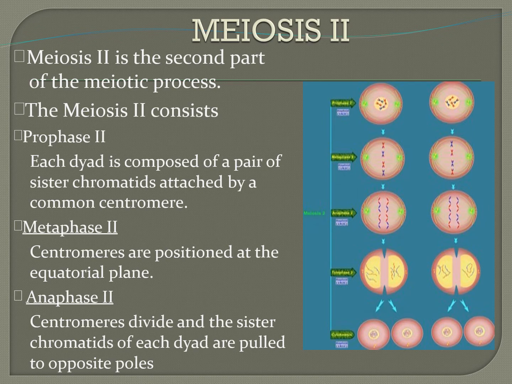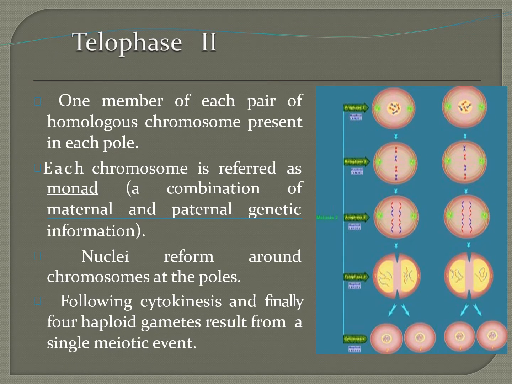In anaphase second, each centromere divides into two, thus every chromatid is provided with its separate centromere. Then the non-sister chromatids move apart towards opposite poles. The movement is checked by the spindle fibers as usual. After completion of anaphase second, the cell enters into the next stage, that is telophase second.